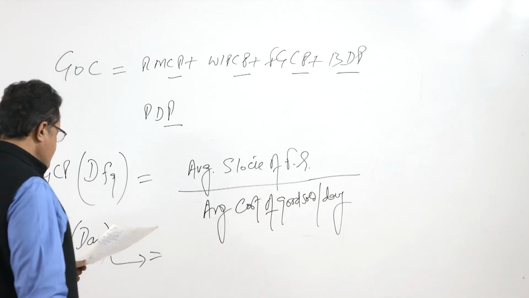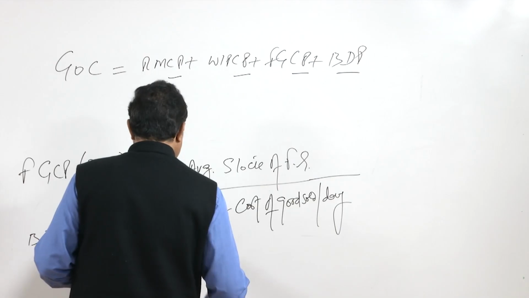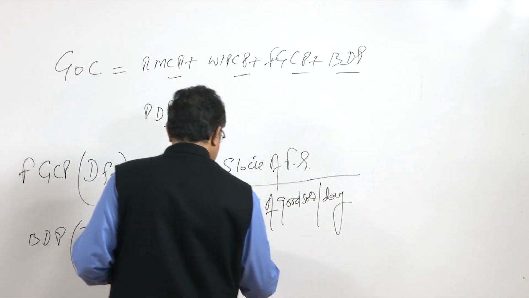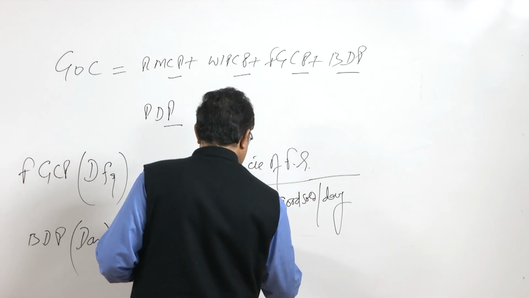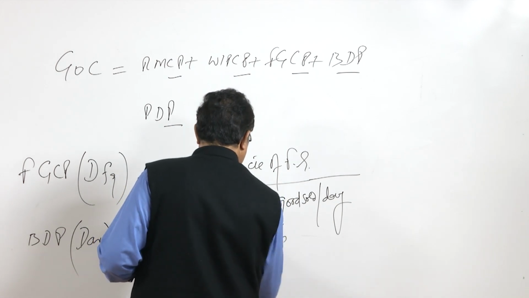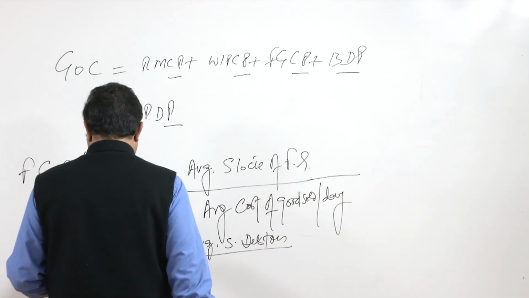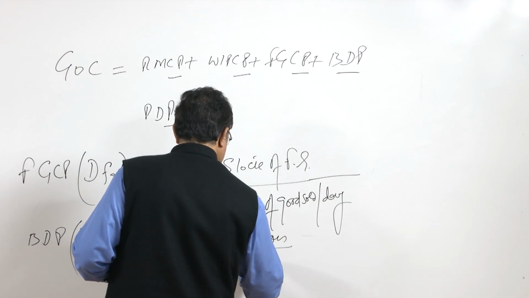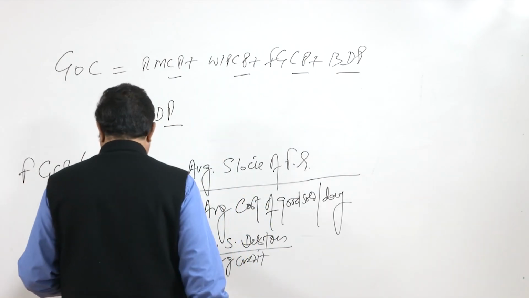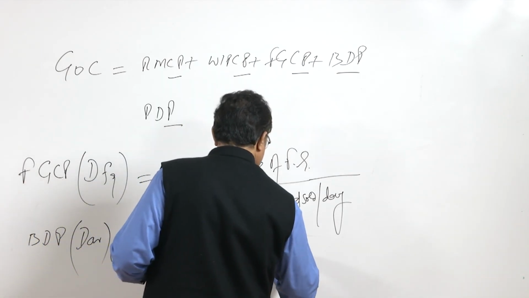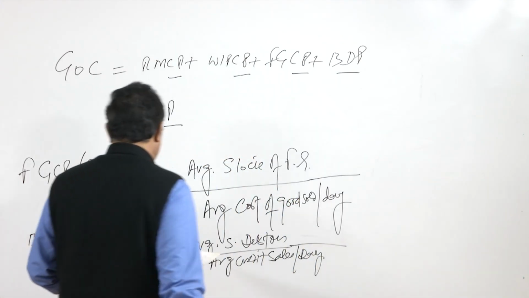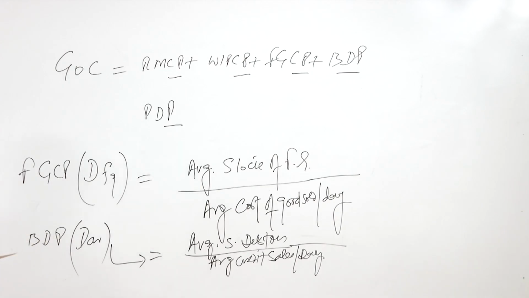That is average sundry debtors divided by average credit sales per day. So, this is the way we can calculate the book debt period or the duration of the accounts receivables.